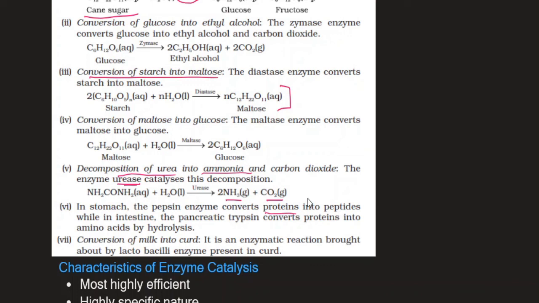Polypeptide is called protein, is it not? So the proteins are broken into peptides. That is, pepsin enzyme converts protein into peptide. Then in intestine, the pancreatic trypsin converts protein into amino acid by hydrolysis. It further breaks.